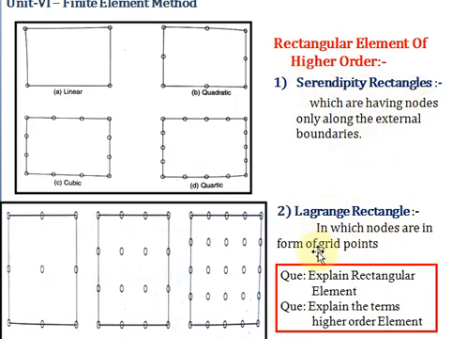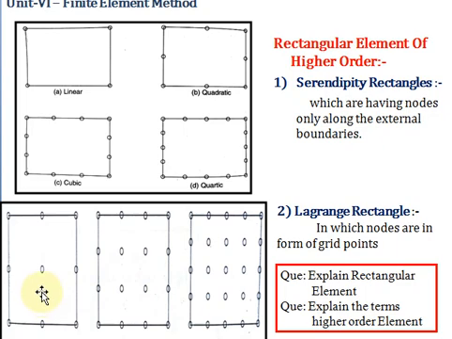The second one is the Lagrange rectangle. In this case, the nodes form a grid. If you see the figure, Lagrange rectangles are shown.